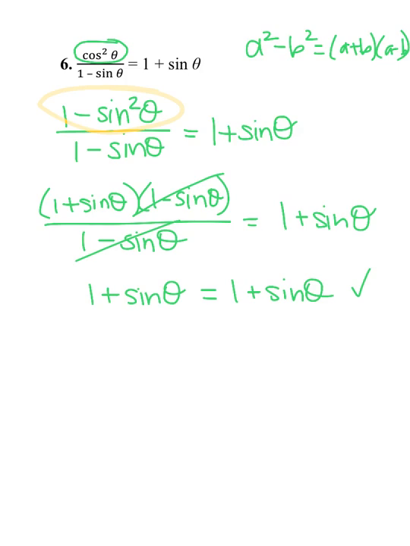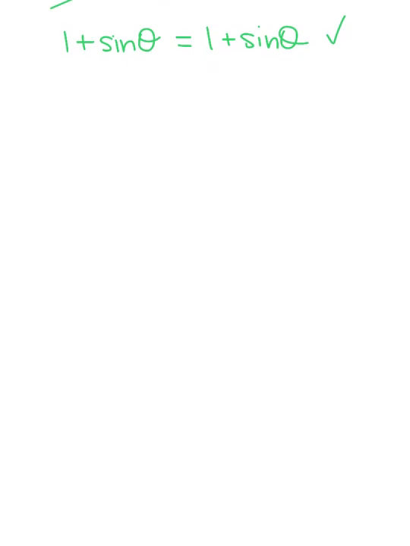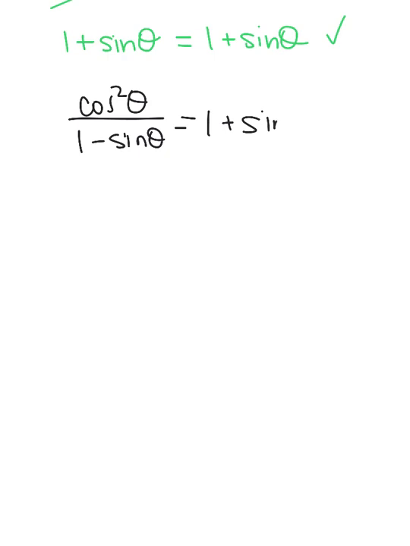Now, I want to show you guys something that I see a lot of students do that is actually incorrect. So down here, I'm going to show you what I don't want you to do with this problem. The original problem I'll rewrite here real quick. And this is what I see a lot of students do that you are not allowed to do.